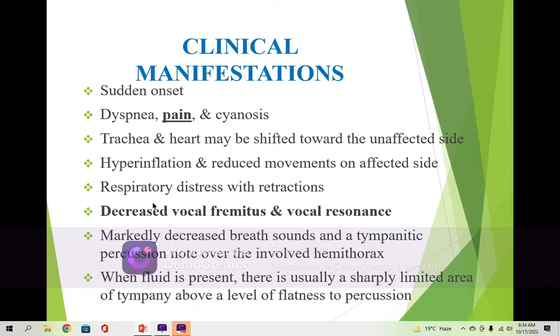If you go for the percussion note, it is hyperresonant or tympanic in nature, and the tactile vocal fremitus is reduced. On auscultation there are hardly any breath sounds, and vocal fremitus is definitely reduced. Breath sounds are not usually audible.